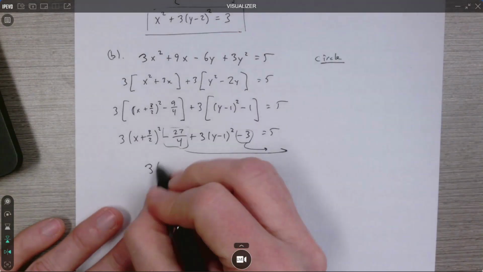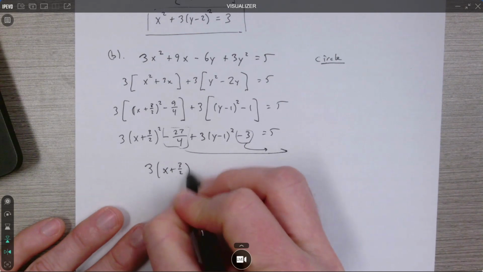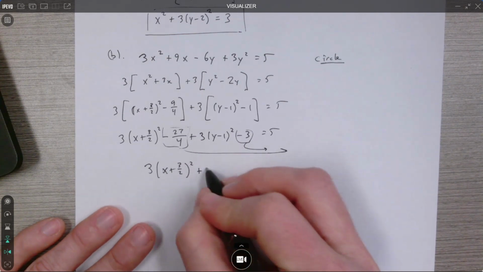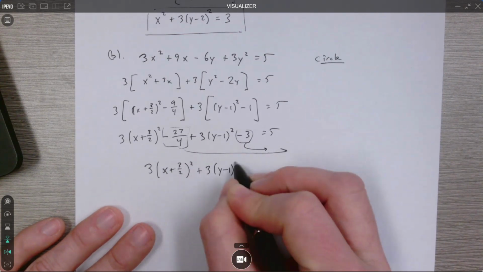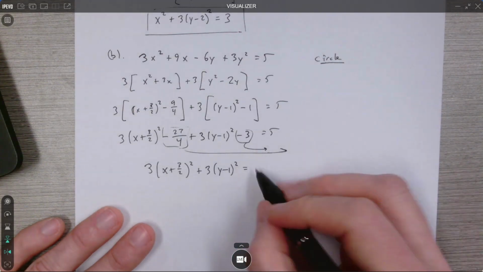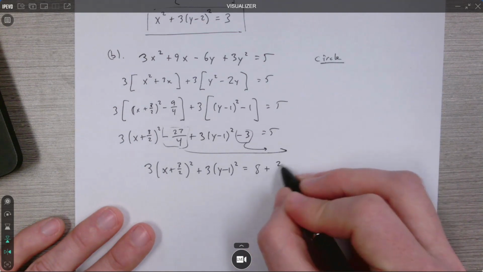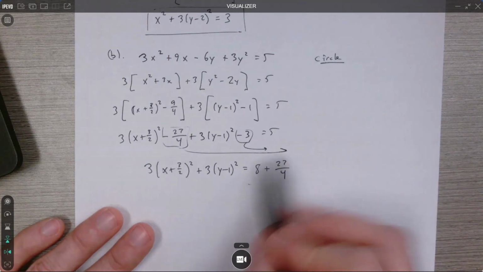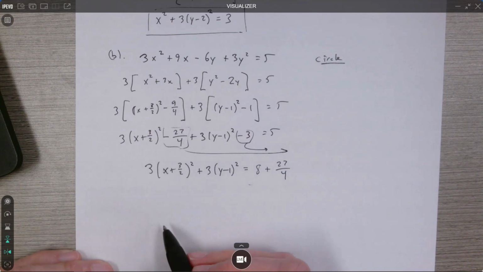Oops. So that gives me 3 times x plus 3 halves squared plus 3 times y minus 1 squared equals 5 plus 3 is 8 plus 27 over 4. And I don't feel much like combining those.